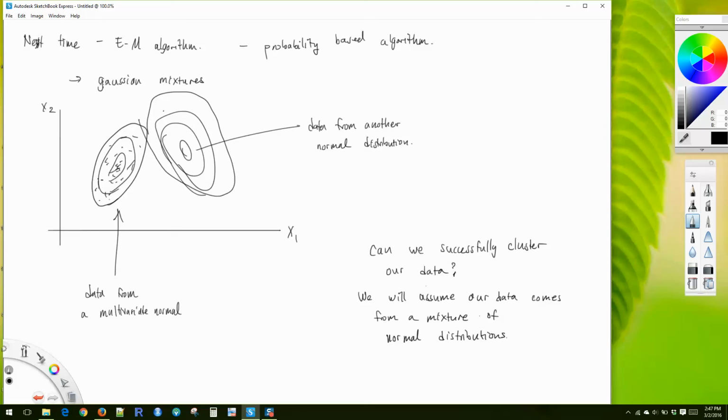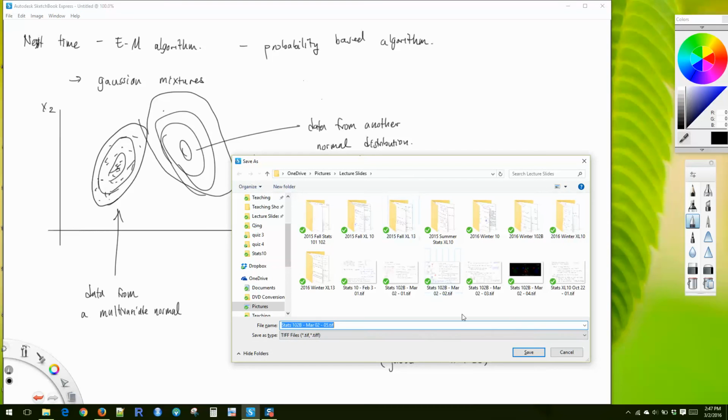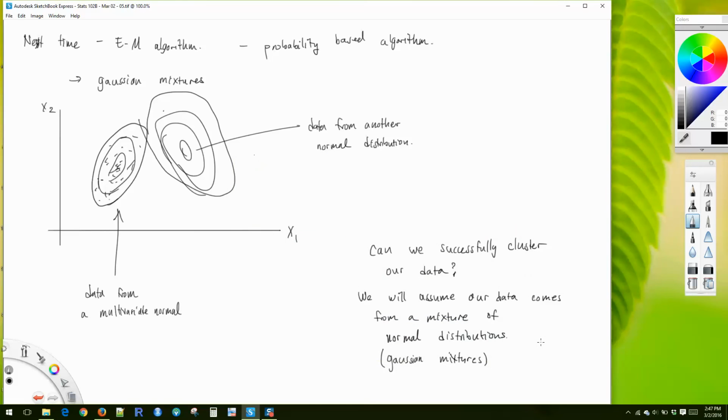This is called the Gaussian mixtures. Obviously, if you have different types of mixtures, things will be different. But this is a problem with a lot of history behind it.